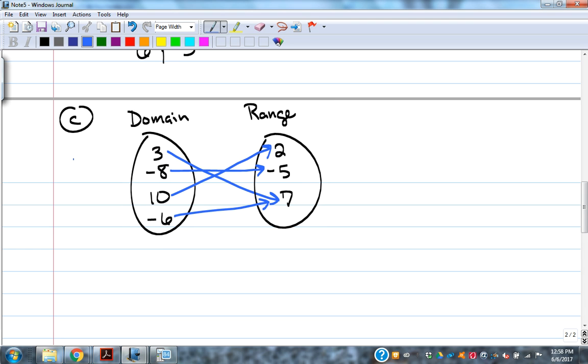Is that a function? Why not, if you say it's not? Am I using the -6 twice? I'm using the 7 twice. Which 7 is a what kind of value?